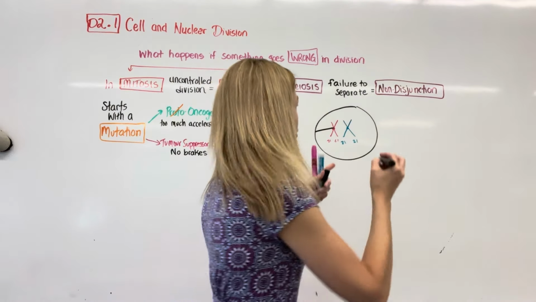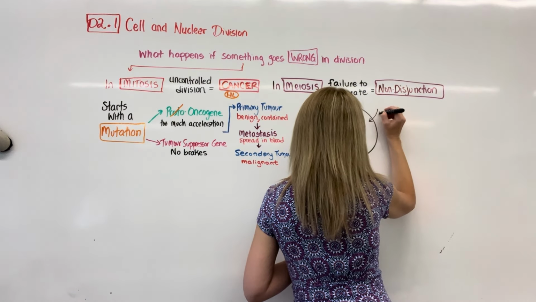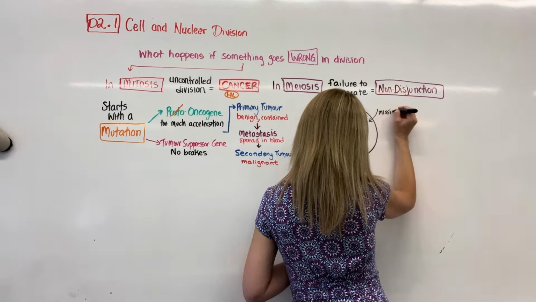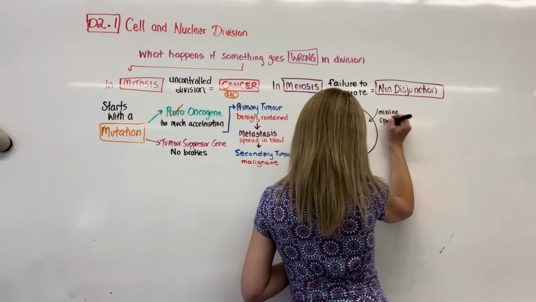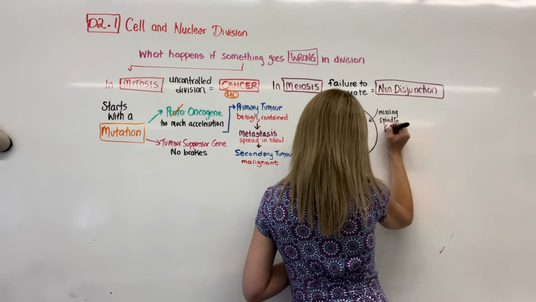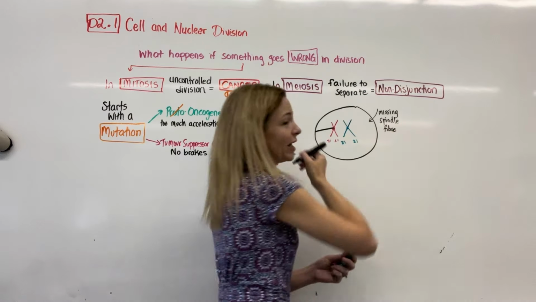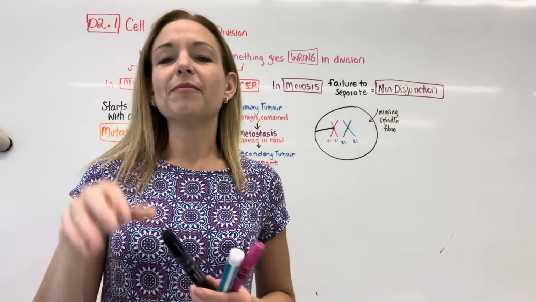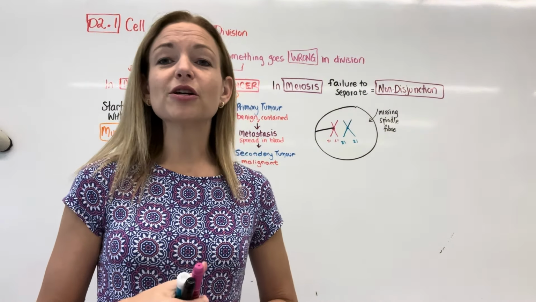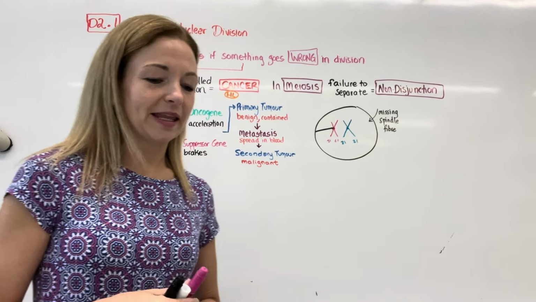So there is no spindle fiber, and so as a result, they are going to both move into one side. They may then divide during the next phase of mitosis or meiosis, but they don't there.